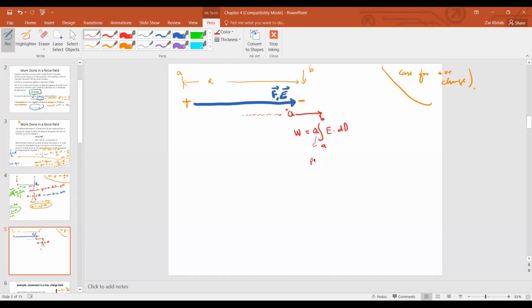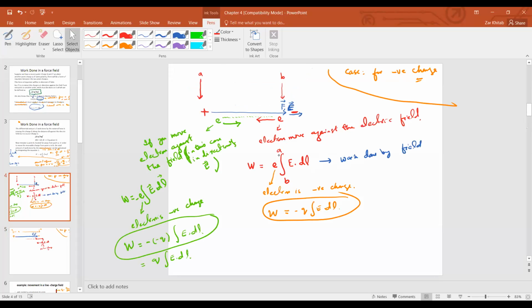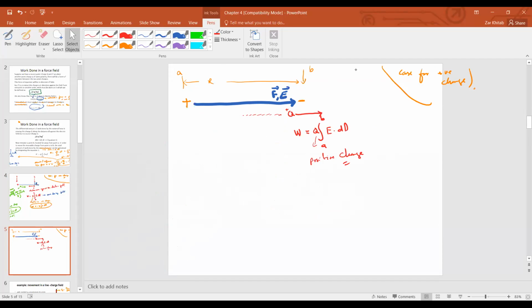This is for the positive charge. Just focus on this, okay? In the previous case, we took the electron, which was a negative charge, okay? So we had all these calculations, and you just need to consider the negative sign for the charge also. Now we are taking the positive charge.